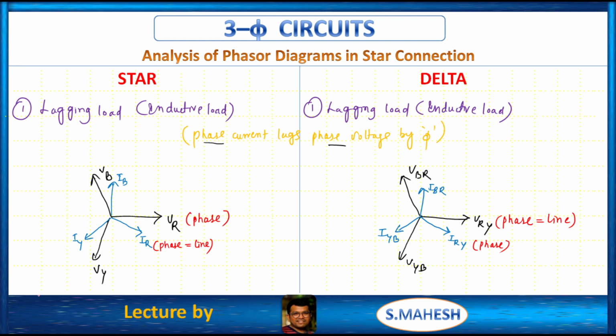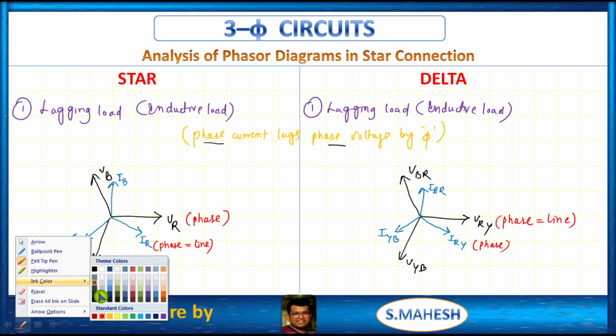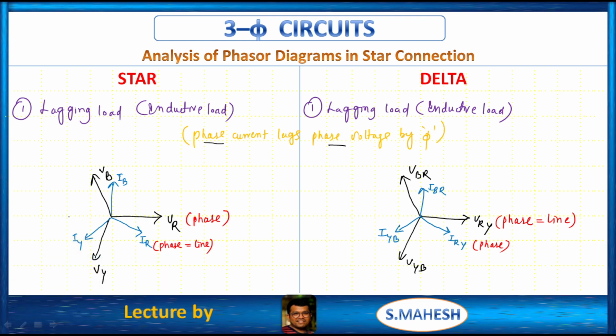Okay, so this is the negative projection of VR, this is minus VY, and this is minus VB. Completed.